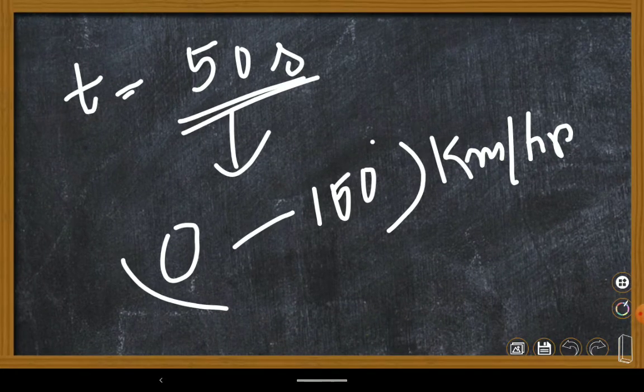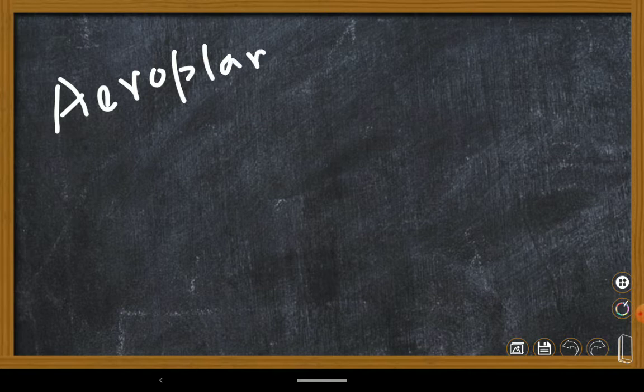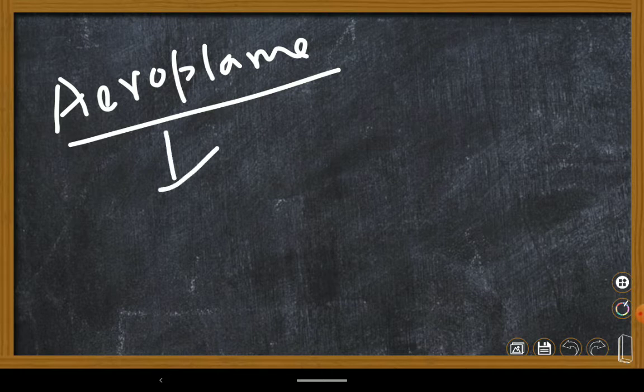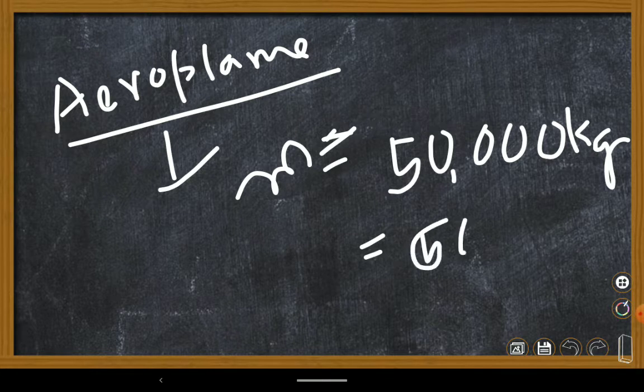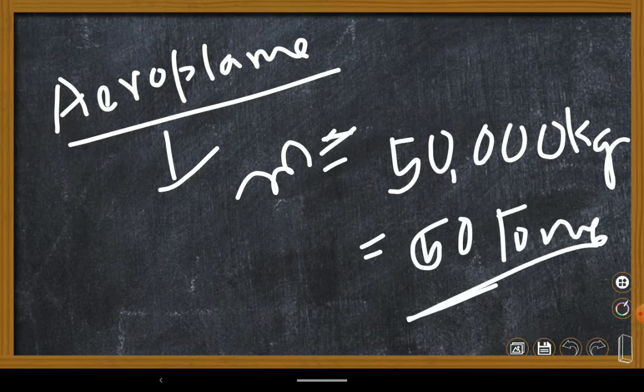Now the question is about the airplane I mentioned earlier. I need to write slowly because the handwriting gets worse and worse. The mass of an airplane is much bigger than the Ferrari, nearly 50,000 kg for an ordinary commercial airplane. That is equal to 50 tons, because 1 ton equals 1000 kg.